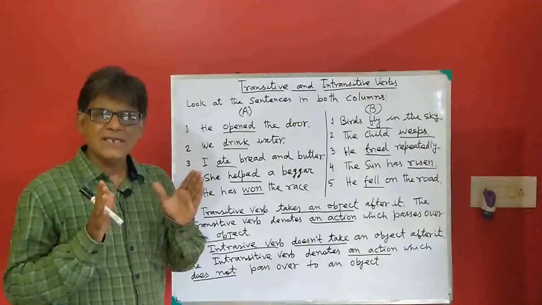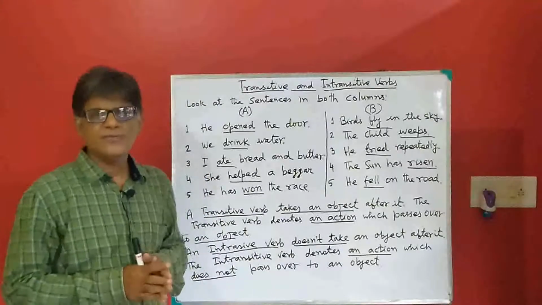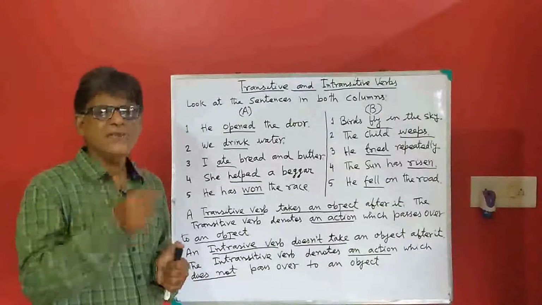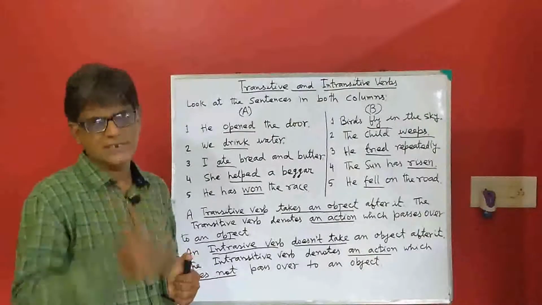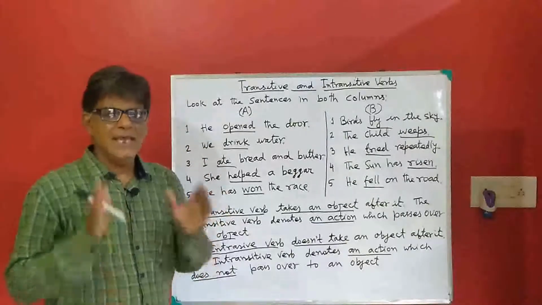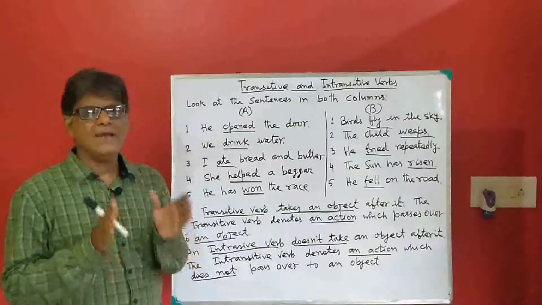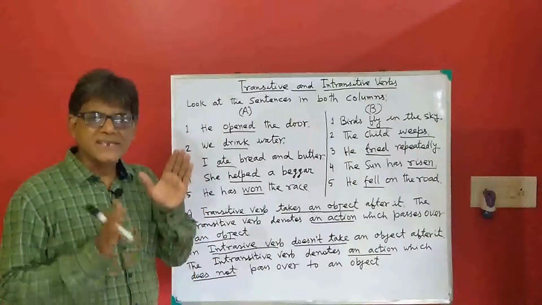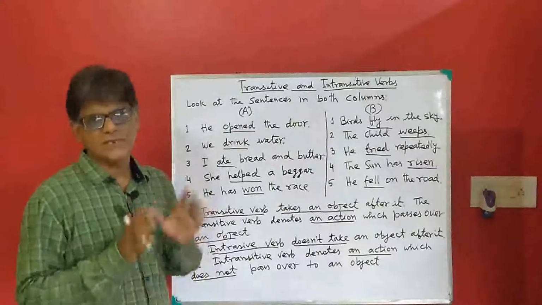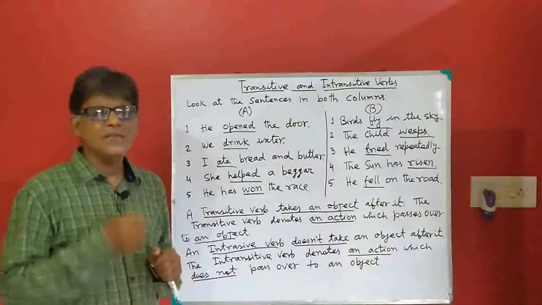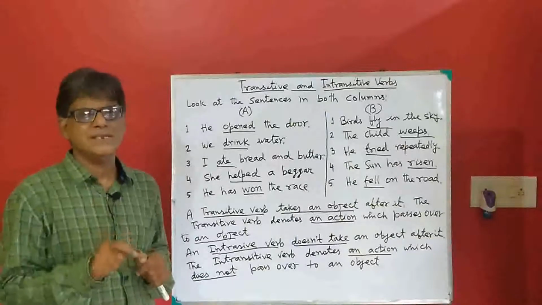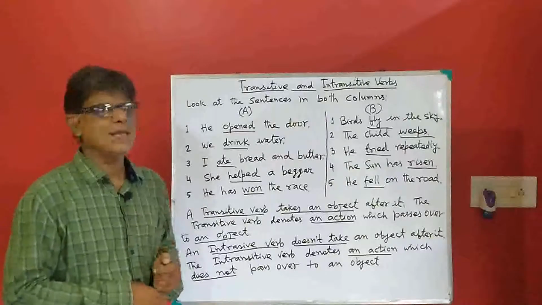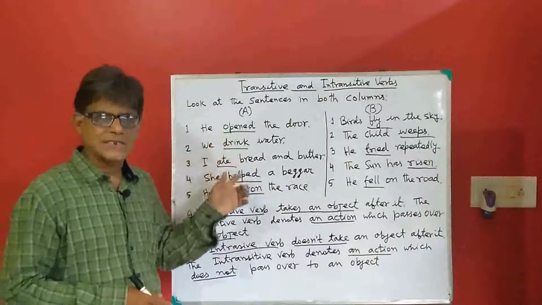A verb is transitive if it takes an object after it. What did I say? A verb is a transitive verb when it takes an object after it, or you can say when there is an object in a sentence, the verb will be transitive.